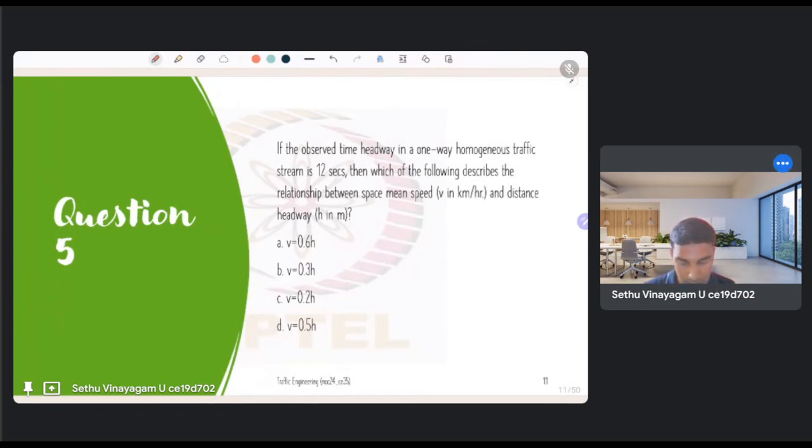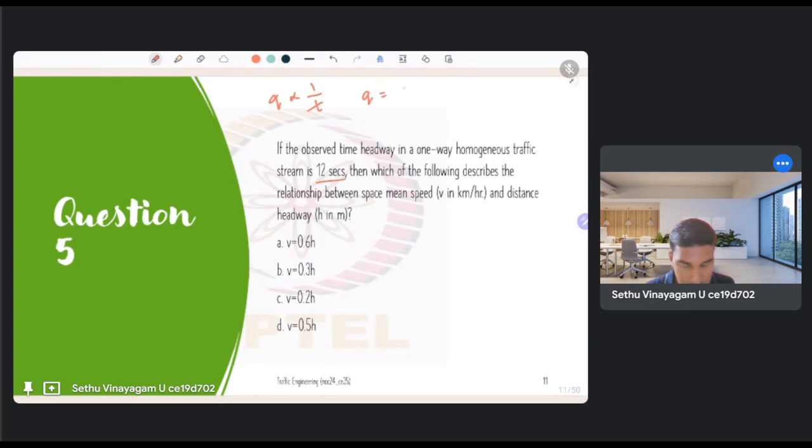If we recall from the overview we were discussing, we related the macroscopic traffic flow parameter to the microscopic parameter, and we saw that q is inversely proportional to the time headway. Here the time headway is 12 seconds. So what is flow?